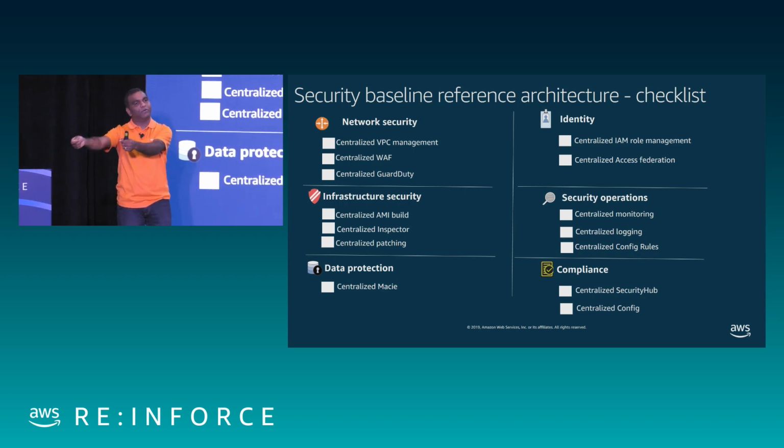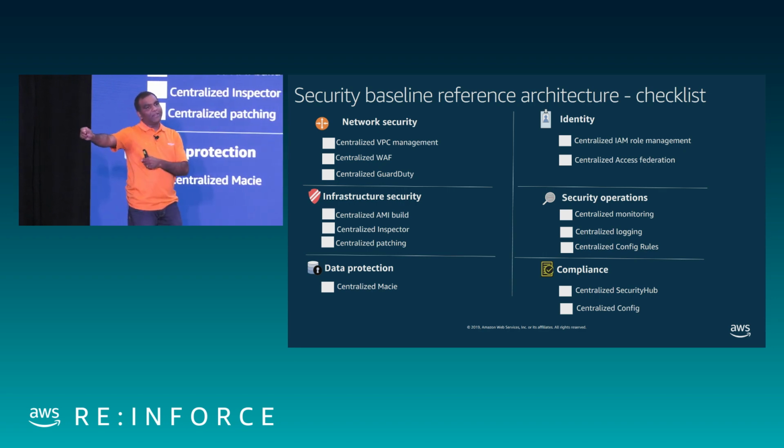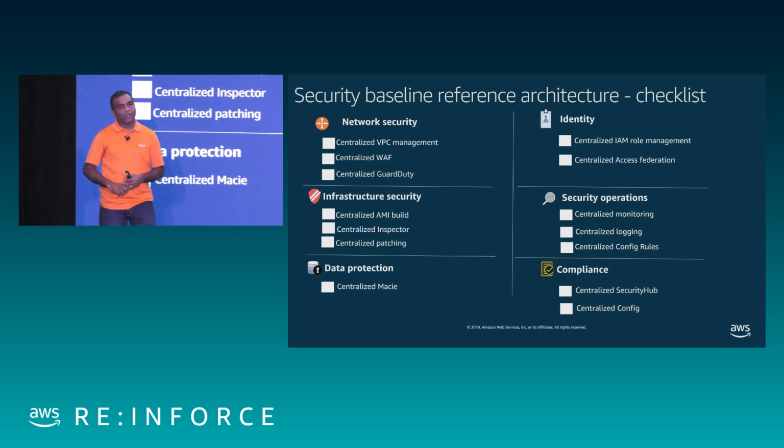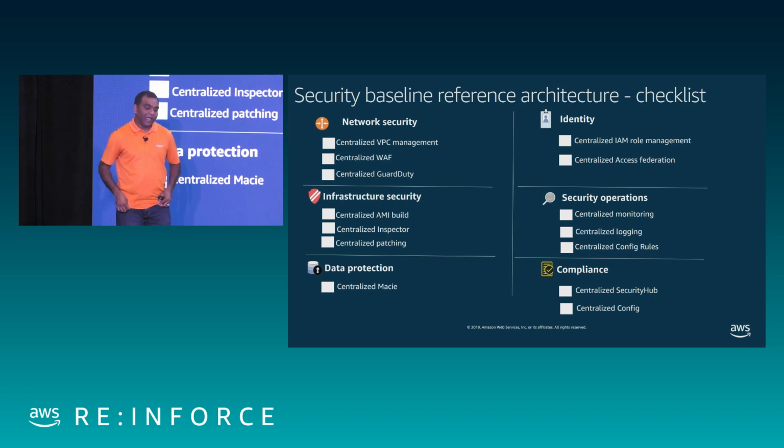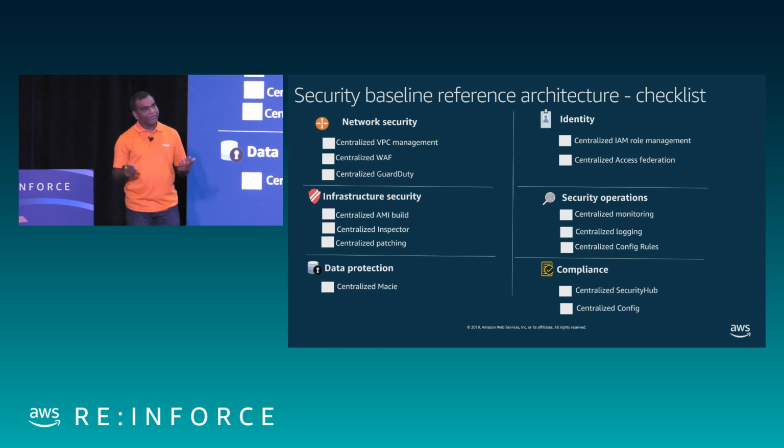When I say prime time, I mean your project teams to have fun with it, right? Before you hand over the account to the project teams, this is the checklist I want you to look at and make sure you are checking off every box. So let's see how we can check off all these things using some of the native services that we have in place.